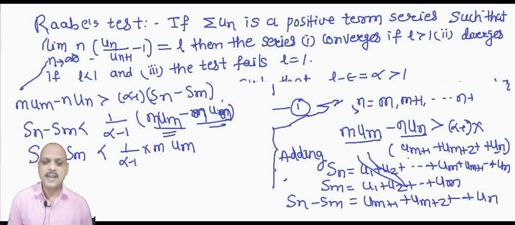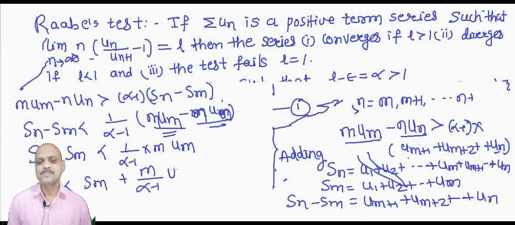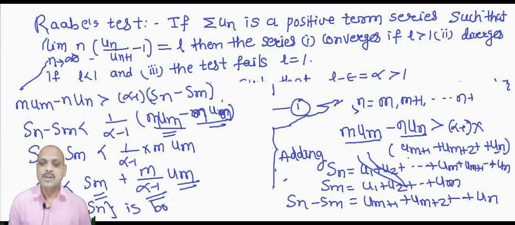S_n is less than S_m plus m divided by alpha minus 1 into u_m. Friends, you can see that m is a fixed term, alpha minus 1 is a fixed term, S_m is a fixed term, every term is a fixed term. And here S_n is smaller than this fixed term. This shows that this sequence S_n of partial sums is bounded above.